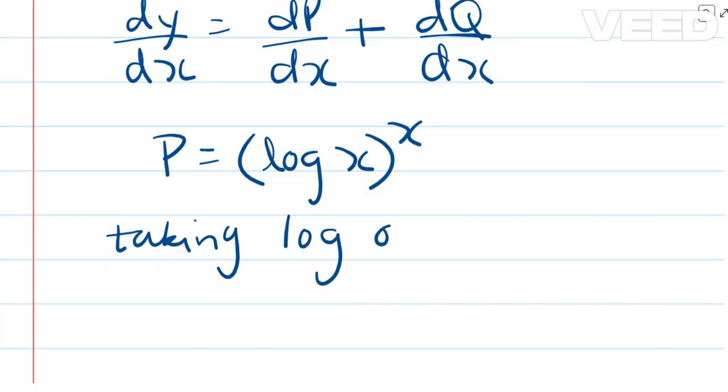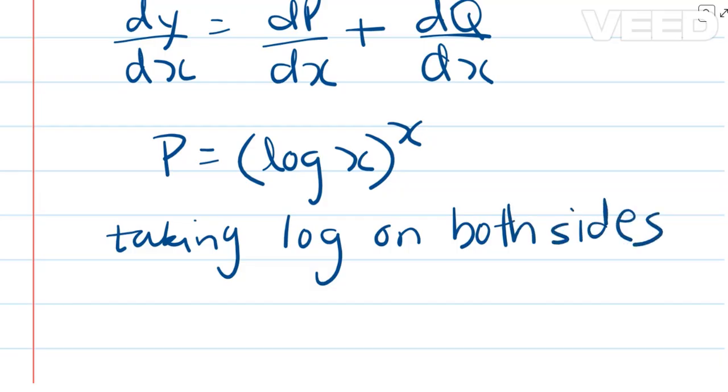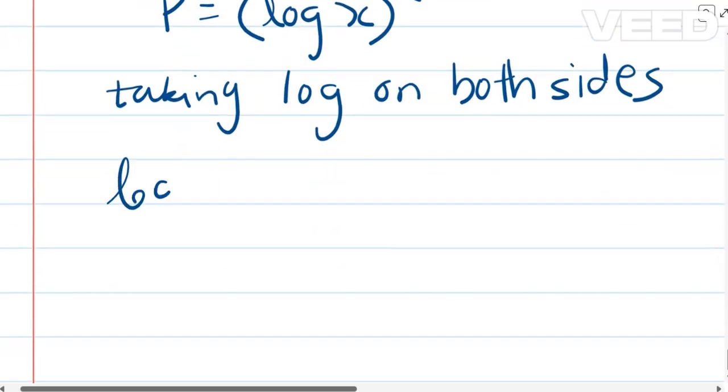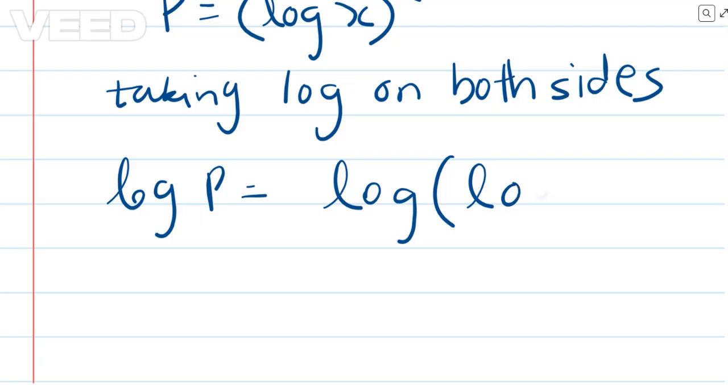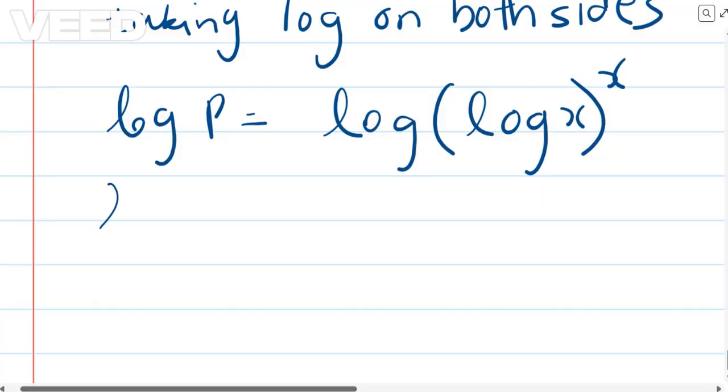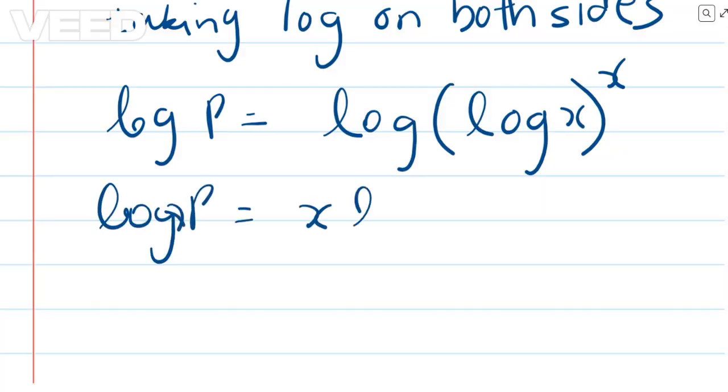We get log p is equal to log of (log x)^x. Now, as we've seen the property, this exponent x will come down and we'll get log p is equal to x log of log x.